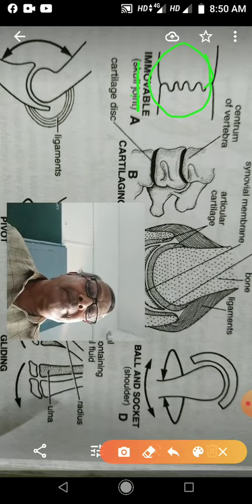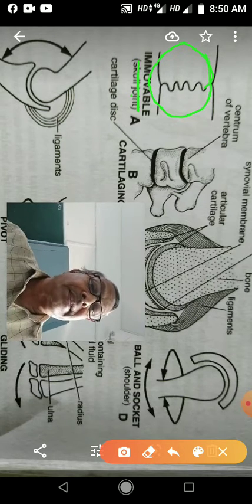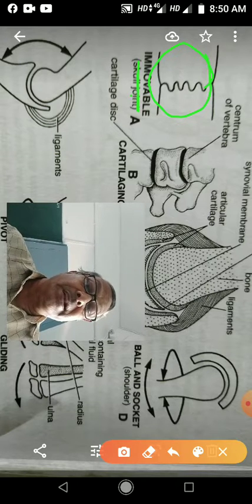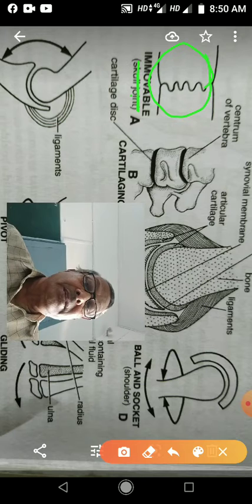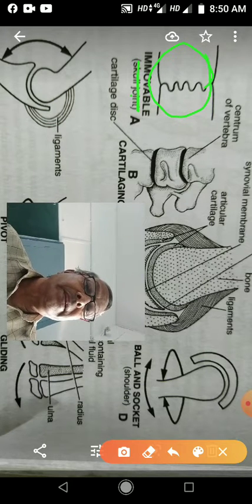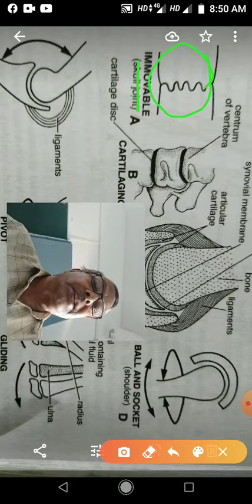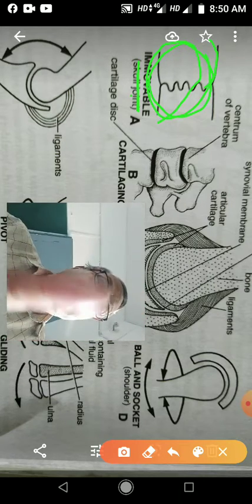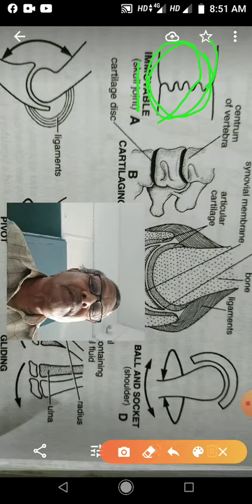So this type of joint is found in the skull and in the pelvic girdle. Movement of bones is not allowed. So in the body where this type of joint is present, movement is not allowed.